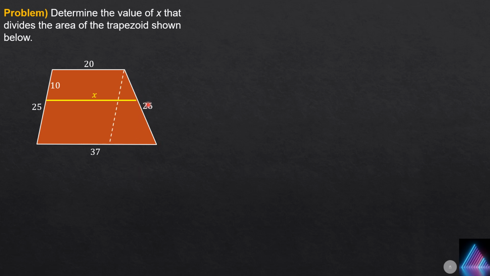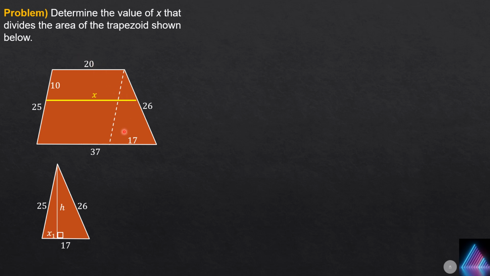Then let's call this delta x. This is 17, 37 minus 20 is 17. So that the length of the dividing line is equal to 20 plus that delta x there.